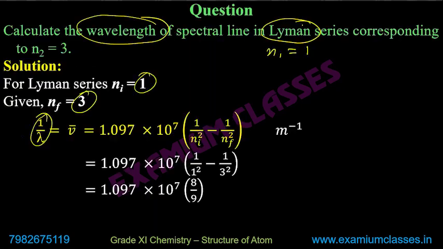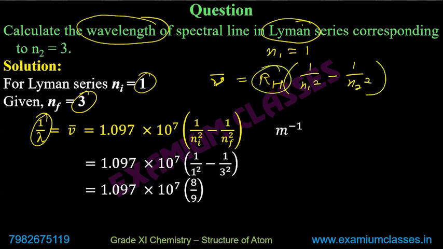Sir, what is this 1.097 into 10 to the power 7? This is Rydberg's constant. For that, you need to remember the formula that the wave number is given by RH times 1 by n1 square minus 1 by n2 square. The value of RH is different from other values for this specific formula.